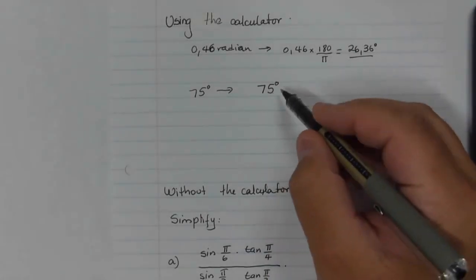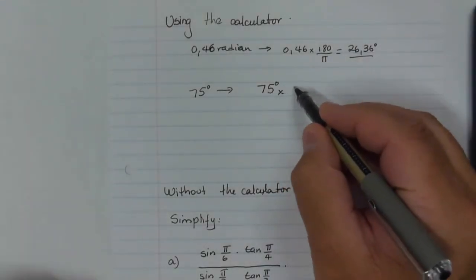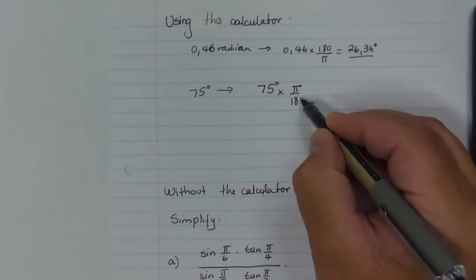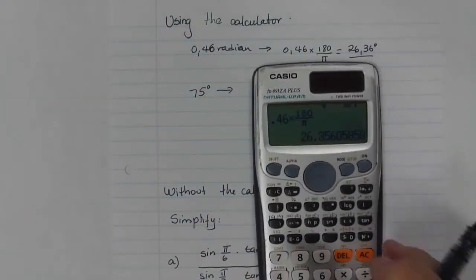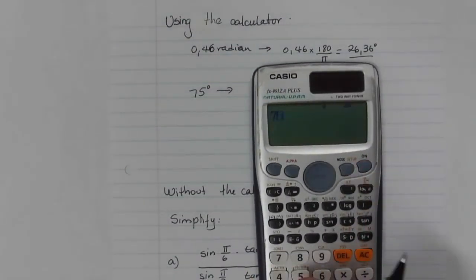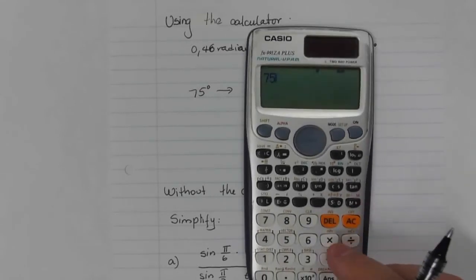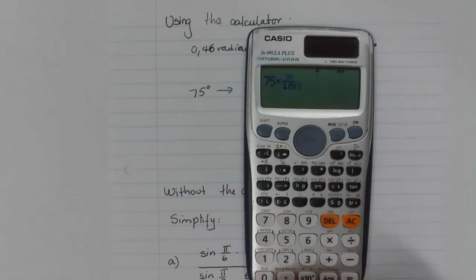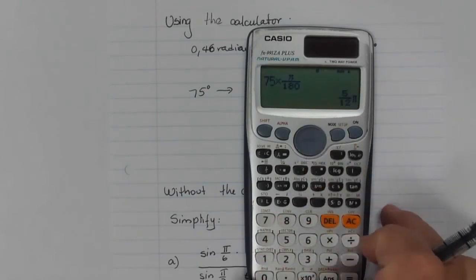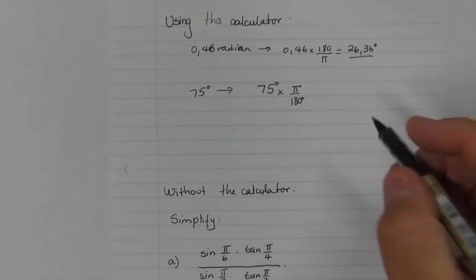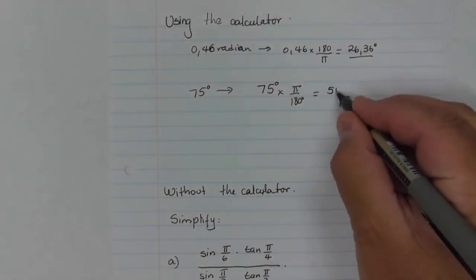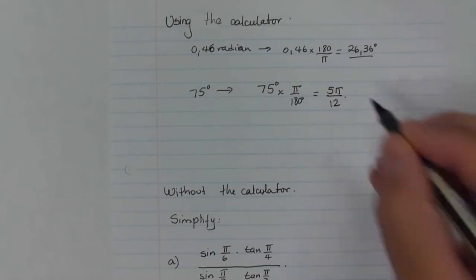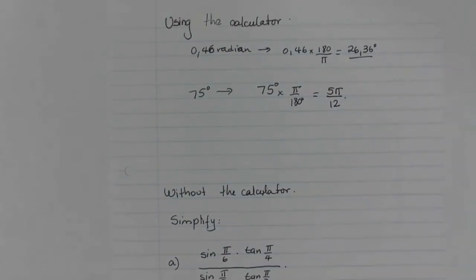So I take 75 times pi over 180 in your calculator: 75 times second function pi over 180, press equal, and that gives me 75 degrees is equal to 5 pi over 12. And that's basically what you need to know in terms of conversion.